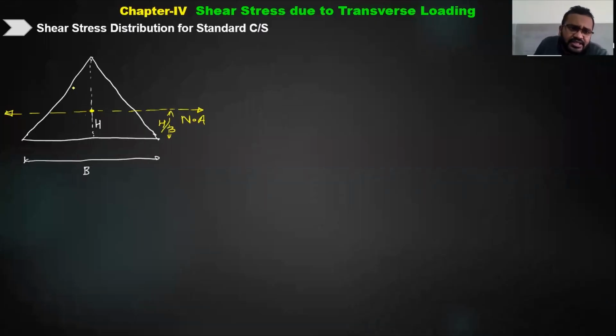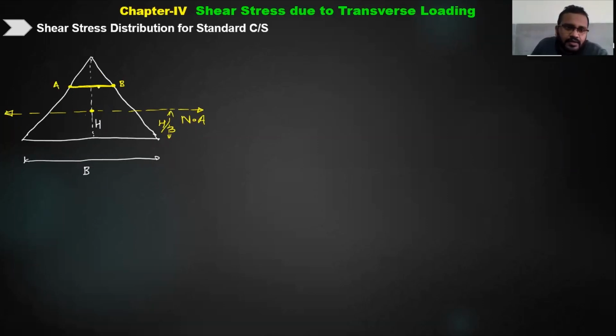Now consider any general layer at which I want to find out the shear stress value. We are considering a layer AB over here. Any general layer we have considered.